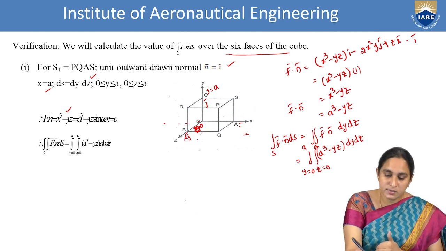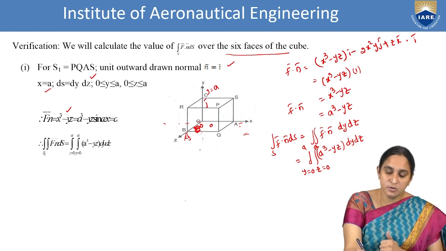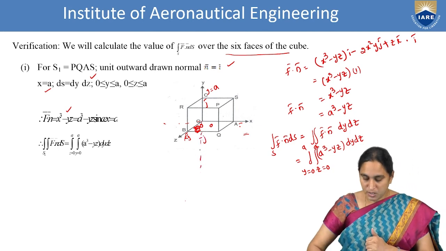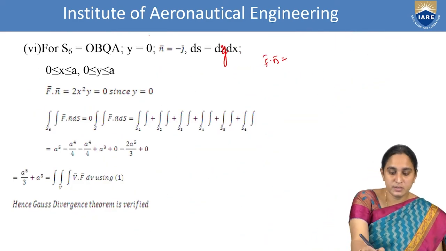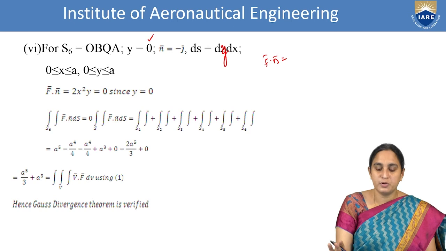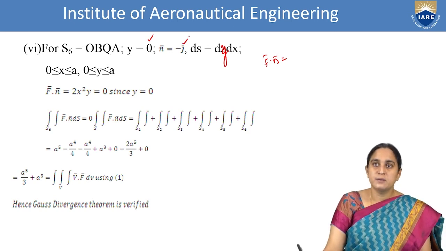For that case, y limit point is 0 and the unit normal vector is minus j bar. Okay, for that case, y is equal to 0, right? And n bar is equal to minus j bar.